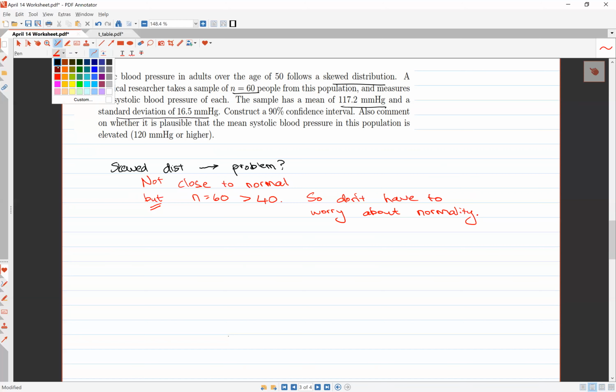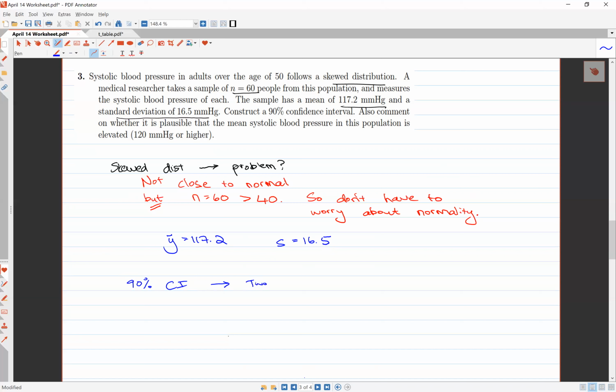Okay, now the information we get given here, the sample has a mean of 117.2 and the sample has a standard deviation of 16.5. And we want to construct a 90% confidence interval.